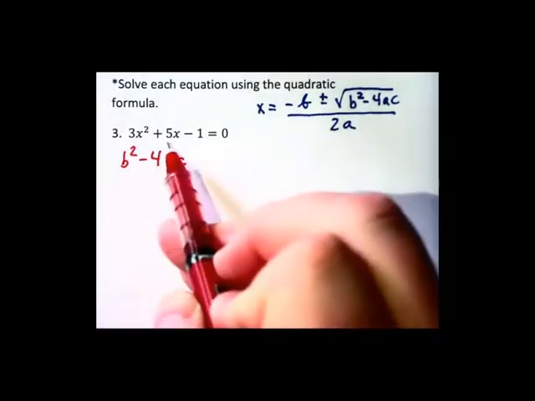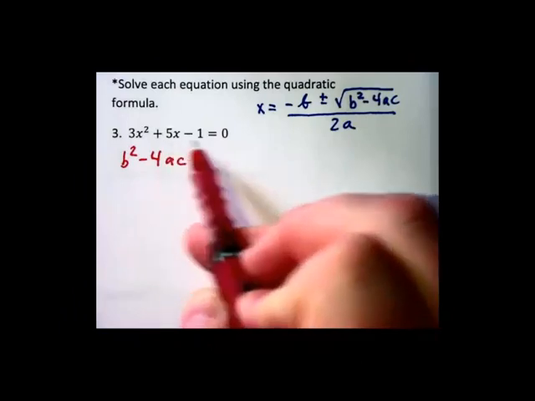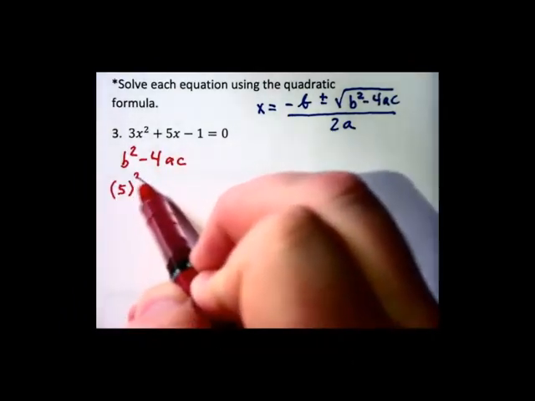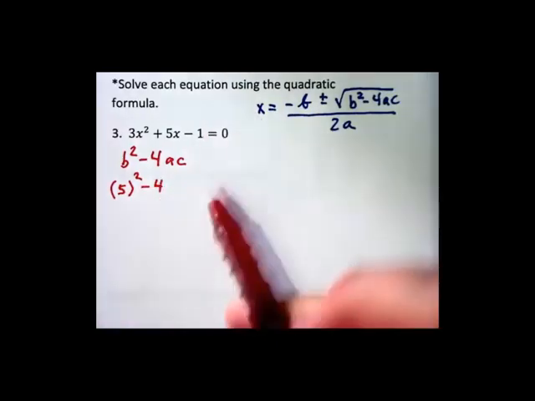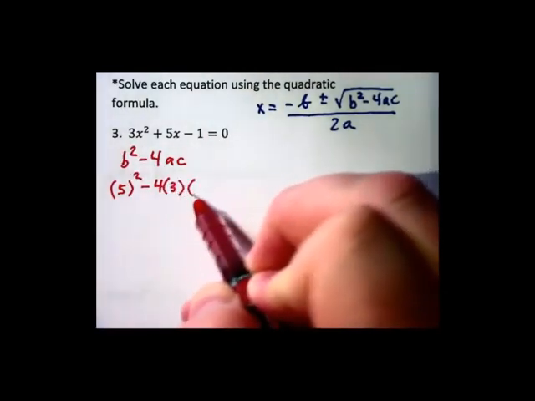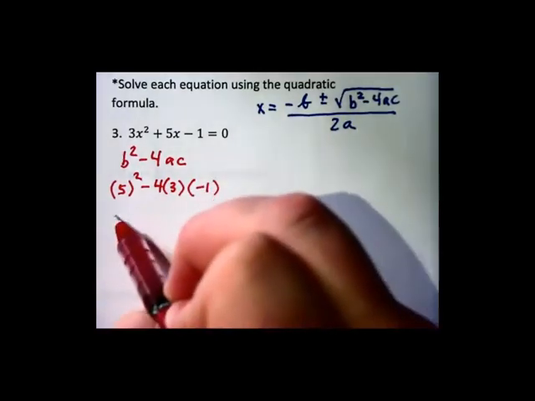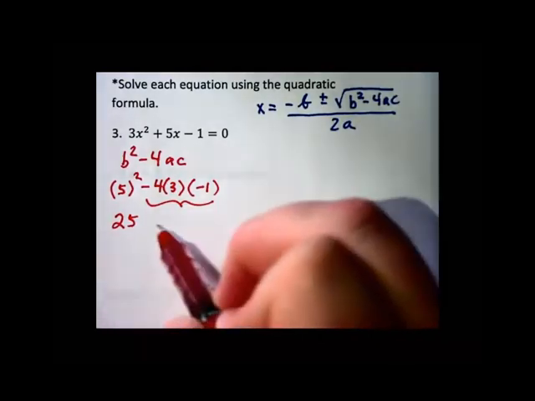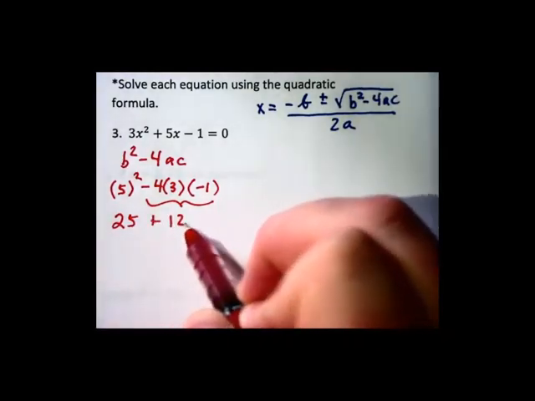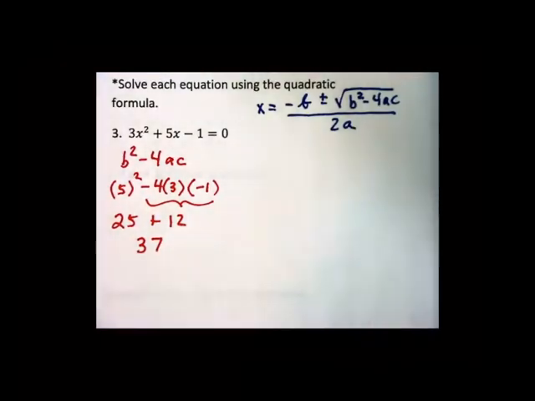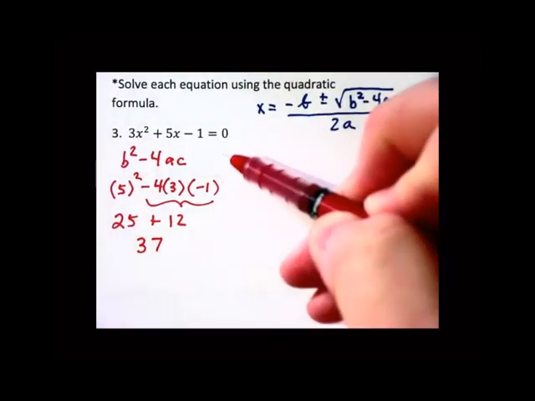So b squared for us, we've got a is 3, b is 5, and c is negative 1. b squared becomes 5 squared minus 4 times a, which is 3, times c, which is negative 1. This becomes 25, and multiplying the 4ac together we get plus 12, and that gives us a total of 37. So the value of the discriminant is 37.